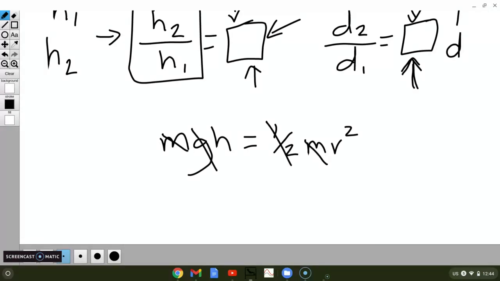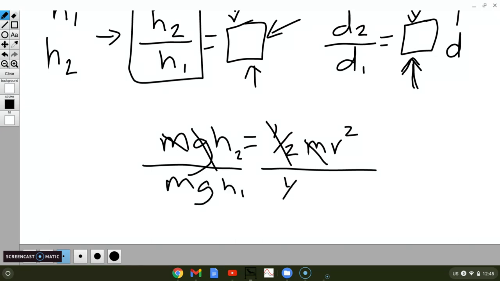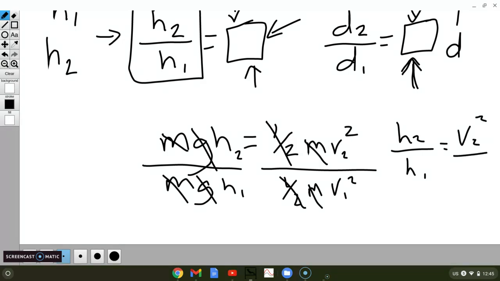The real reason we don't have to worry about those is that we're going to divide by mg like this. So what ends up happening is they cancel. So this relationship comes out like this.